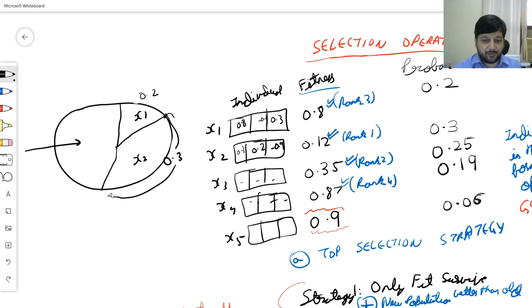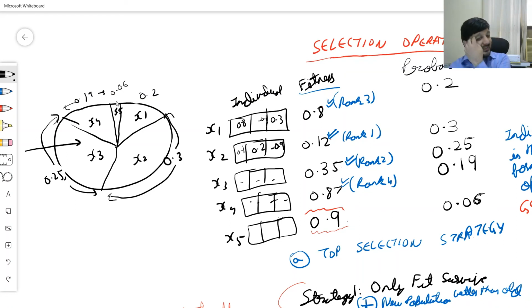So that's 0.3. x3 is over here. And x4 is over here. So x3 is 0.25, and then you have x4 0.19, and a very small x5, which is actually pretty bad.